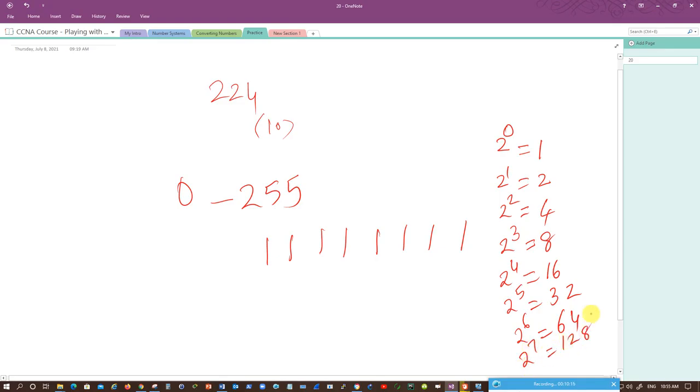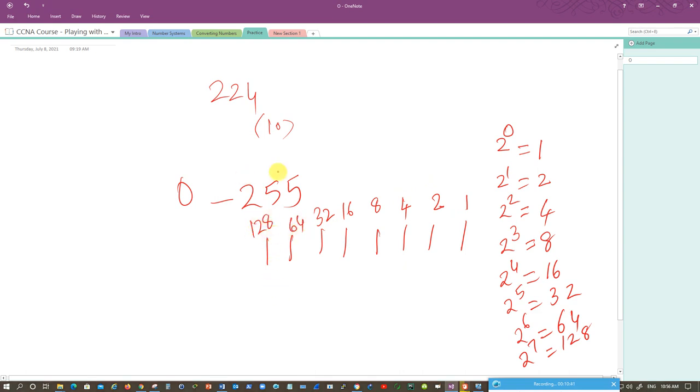128. So what I am writing here is the value of the power of 2, because we are dealing with binary. I'll say 1 represents 2 to the power of 0 here. I'll start from the right side and keep increasing: 1, 2, 4, 8, 16, 32, 64, and 128.